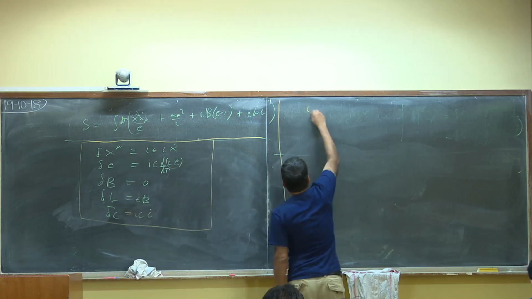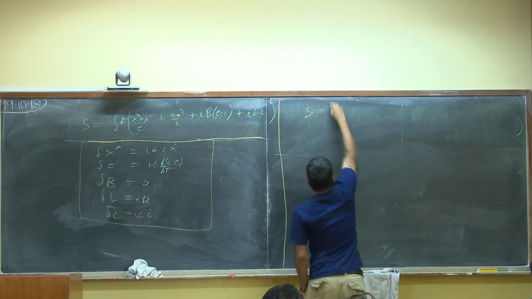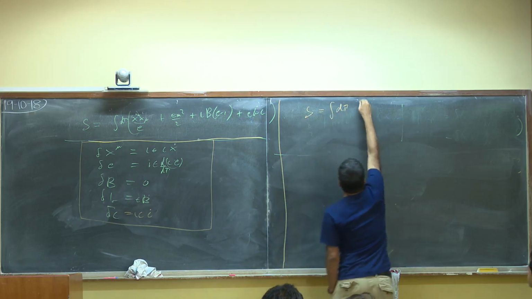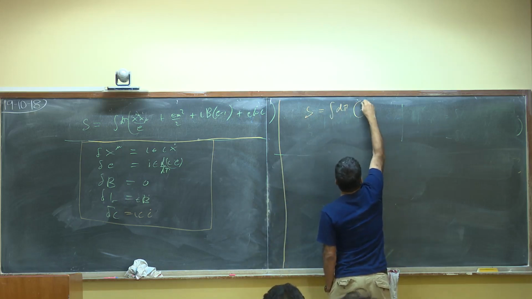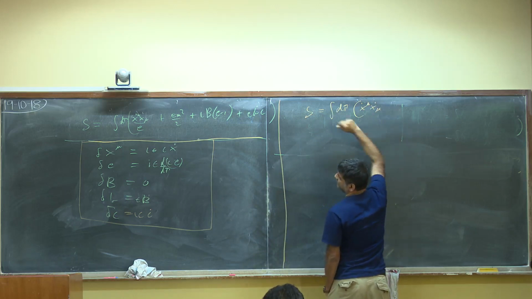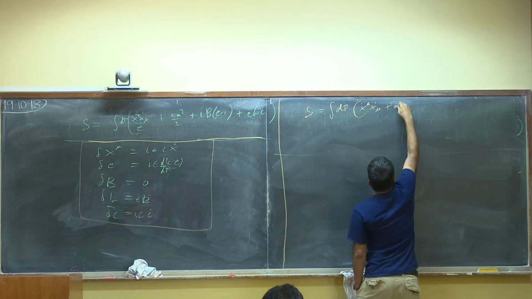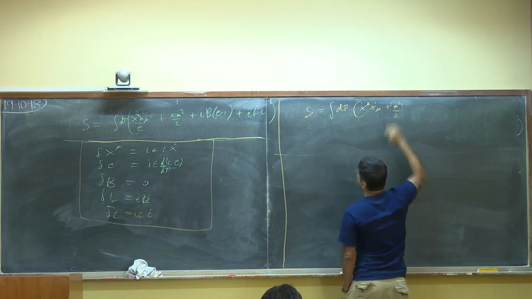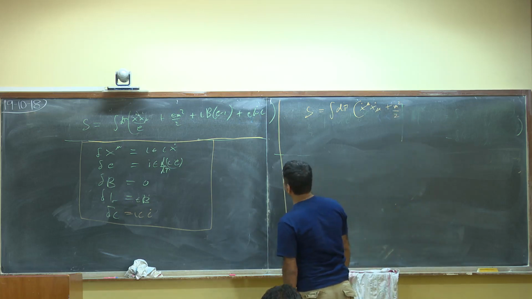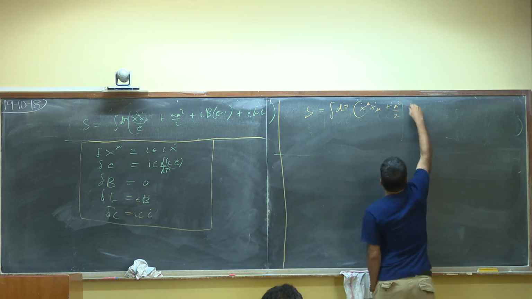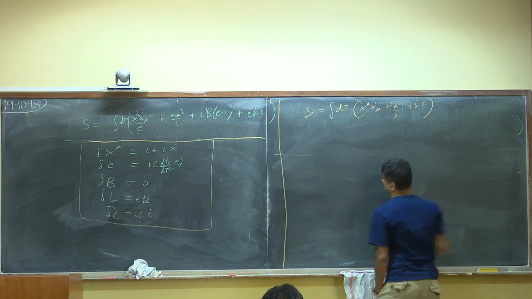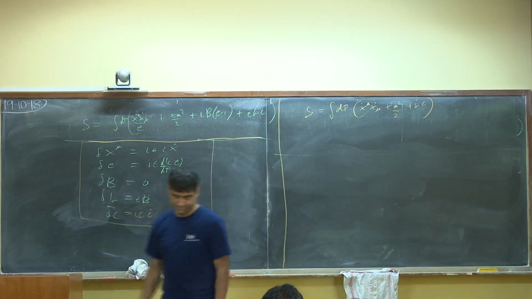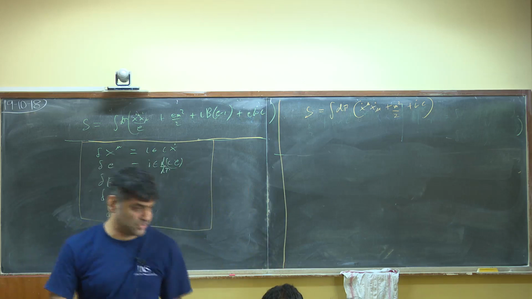So what happens to the action once we do that? The action is just the integral d tau of x mu dot squared by 1 plus m squared by 2, plus b dot c. This is the reduced action after we've done these two integrals.